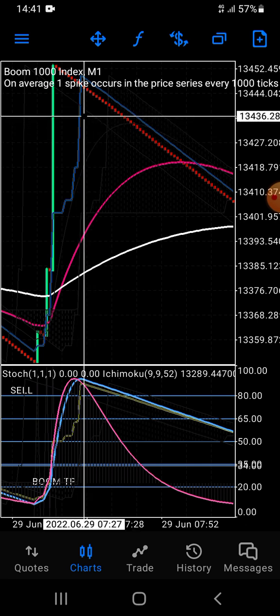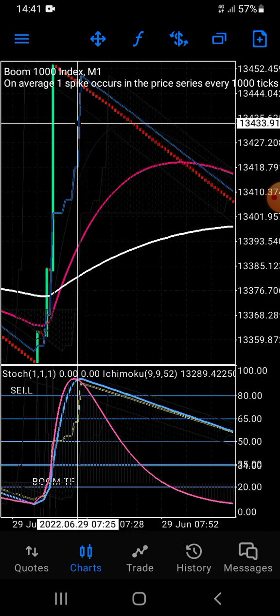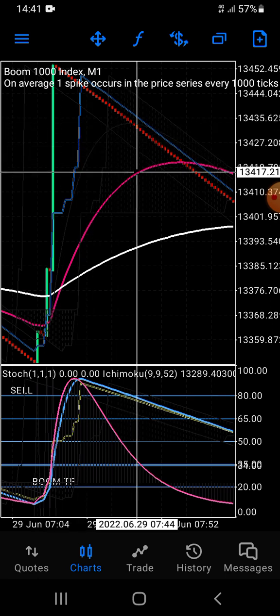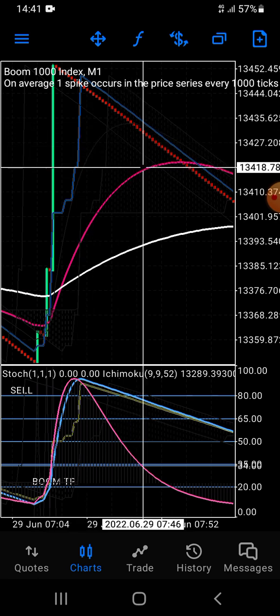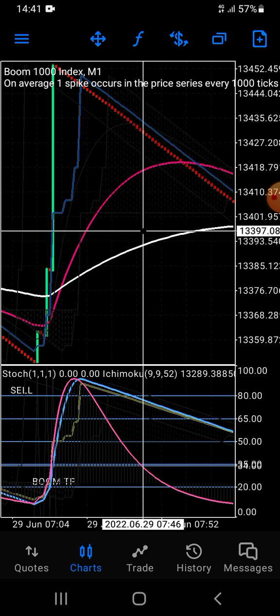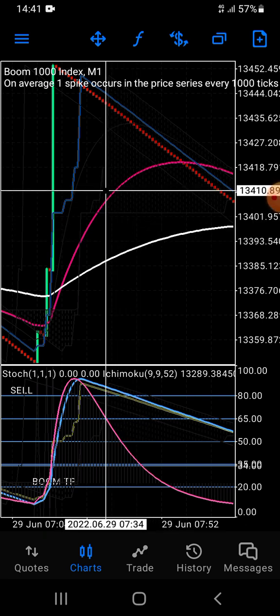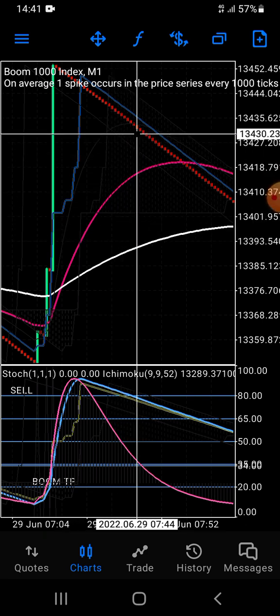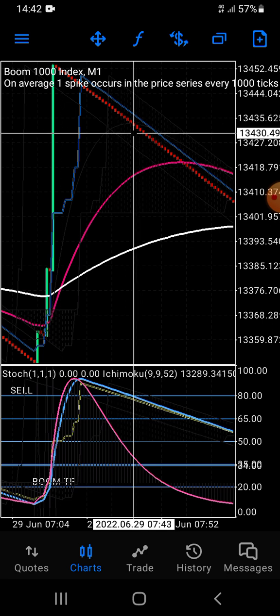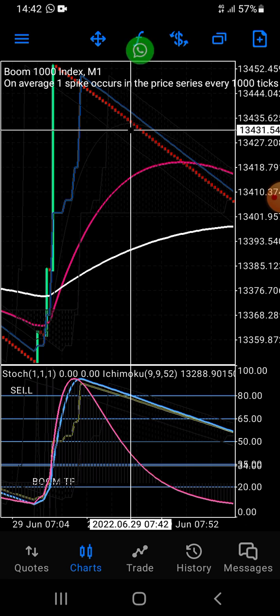The blue line, follow my crosshair, the dark blue line, this one, and this dark pink, and also this white. So how does this beautiful strategy work? It's basically based on crossovers of the indicators.